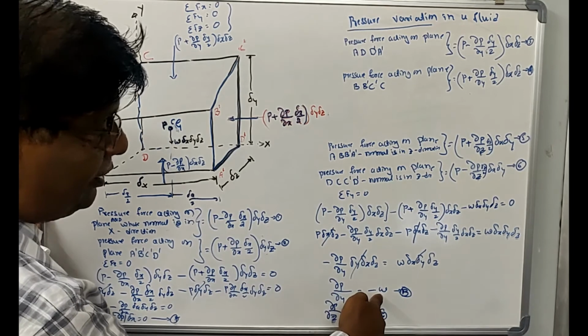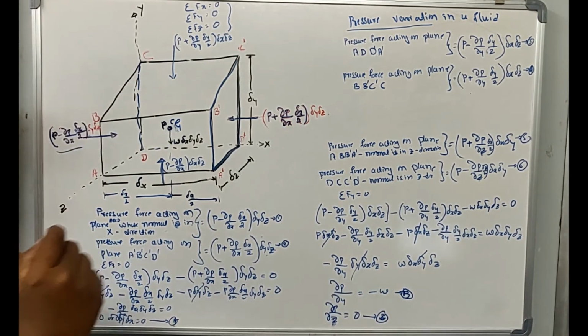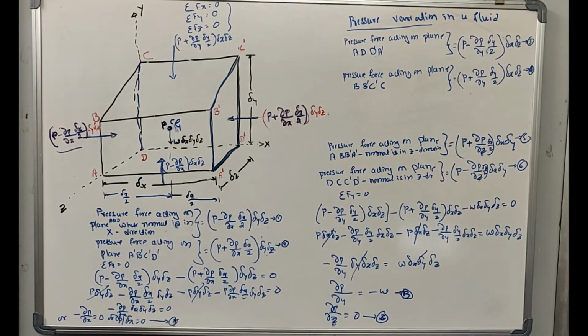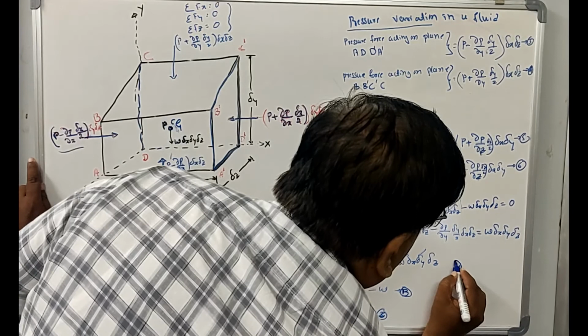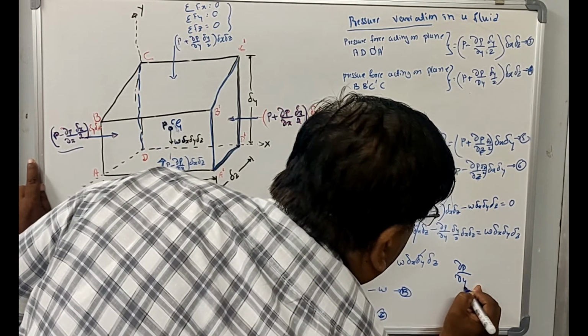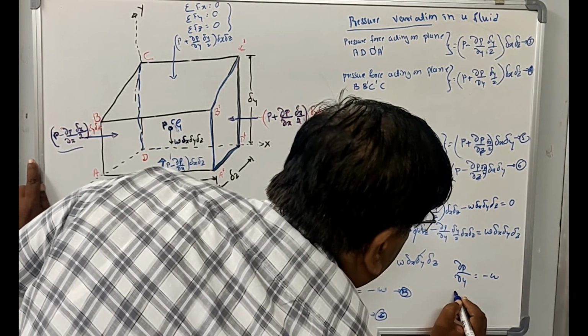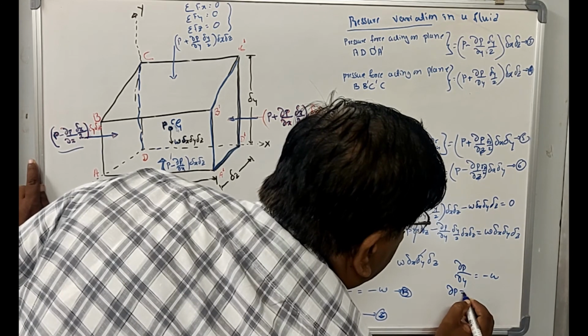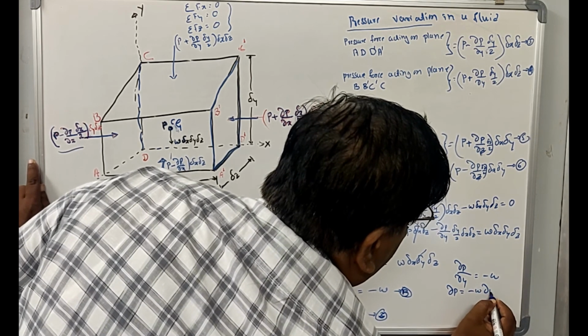So it is minus W, which means from equation B, it is very clear that the pressure in a static mass of fluid varies only in the y direction, or in the vertical direction, and pressure variation in all other directions is 0. So that is ∂P by ∂y is equal to minus W, or ∂P is equal to minus W ∂y.